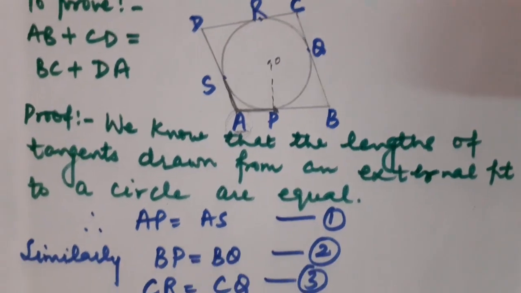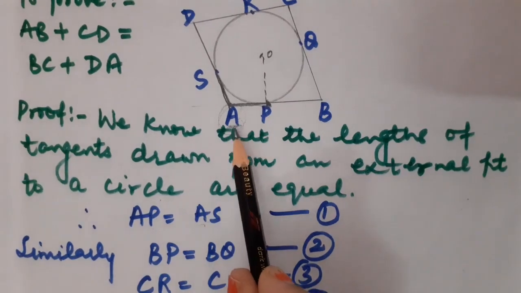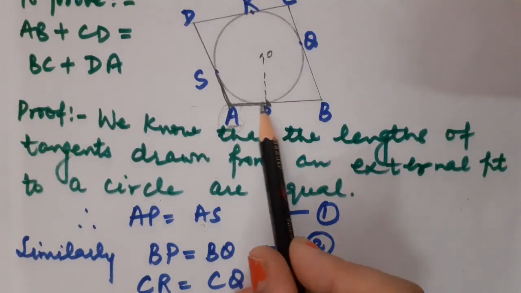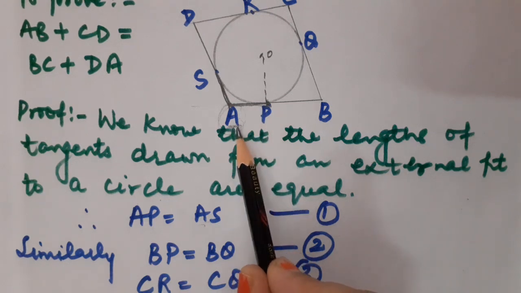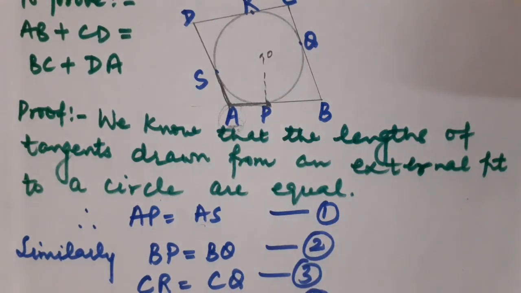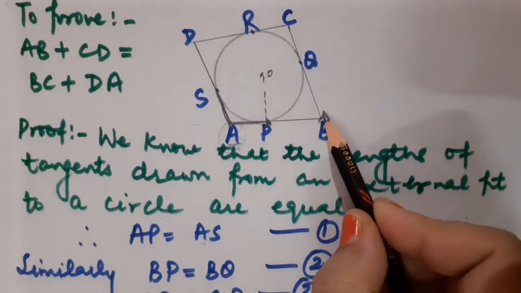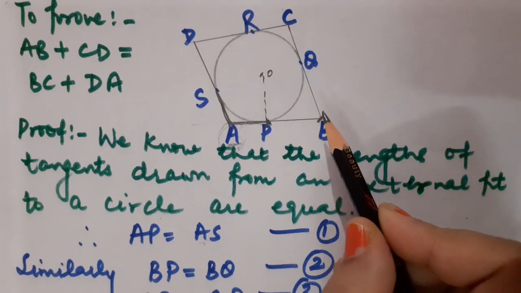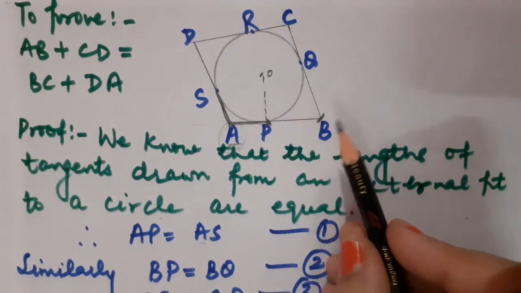Fine. So here children I have written that AP is equal to AS, considering A as the external point, and AP and AS are both tangents drawn from the external point to the same circle. Now in the same manner, you tell me, if B is the external point, which two tangents are drawn from this point B to the circle?